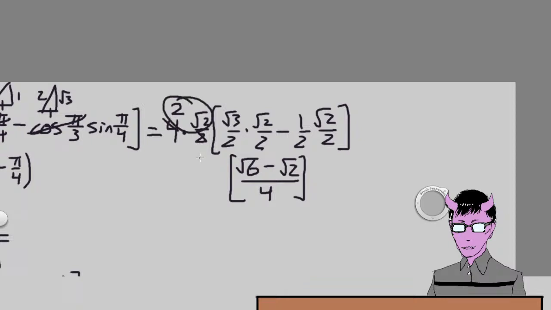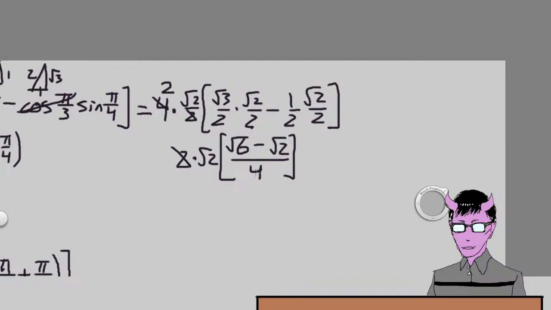We have a 2 times root 2 outside. This 2 partially cancels with that 4. And then we'll distribute this one to this and to that. So this times this. And this one times this one. And copy paste the 2.